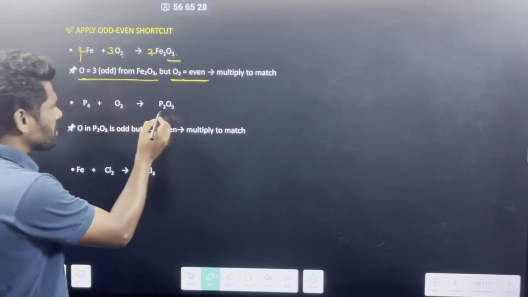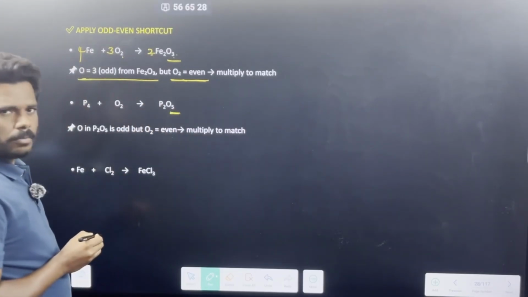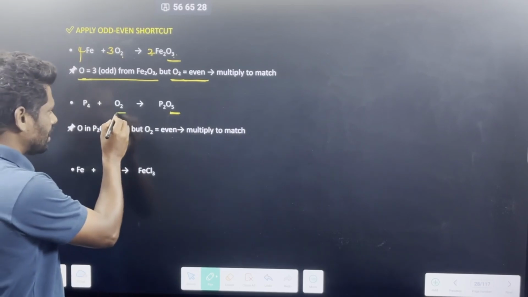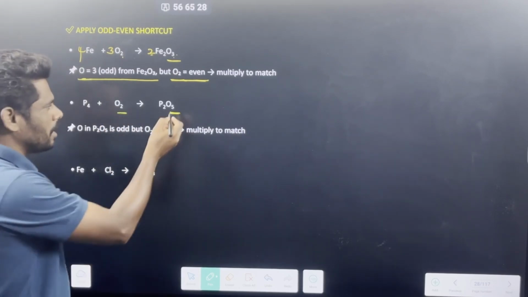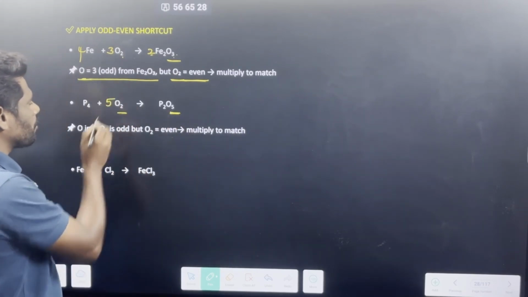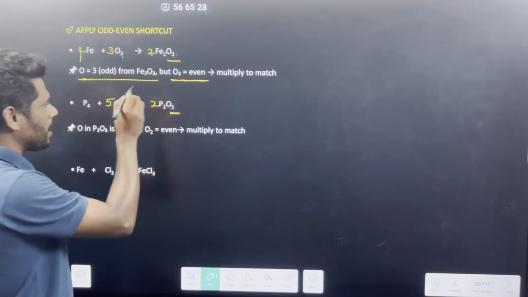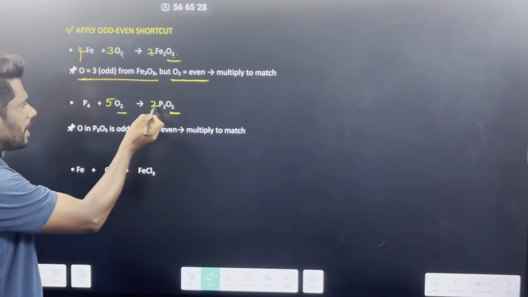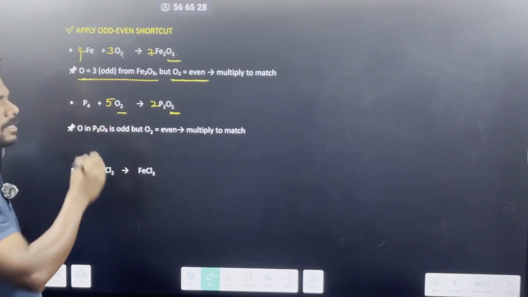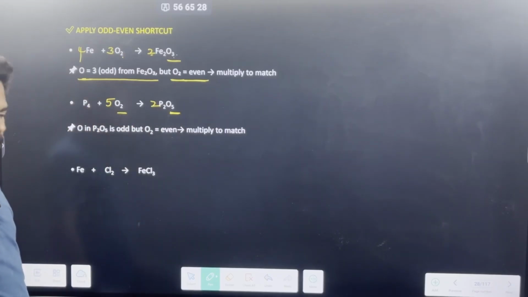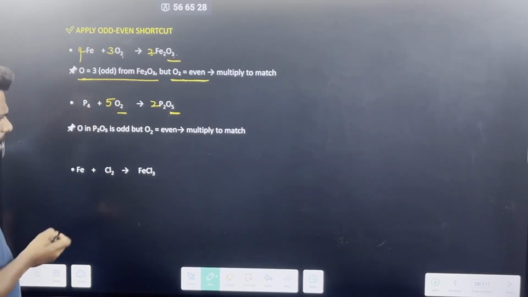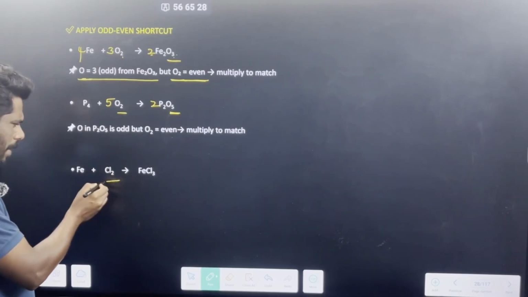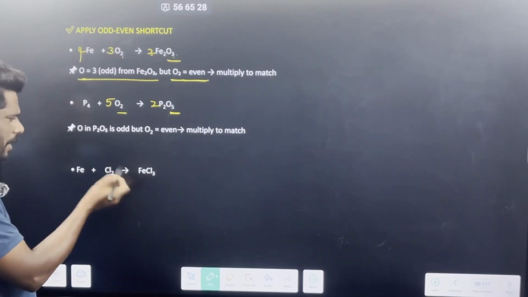So look here, oxygen atoms are 5, an odd number. Oxygen atoms are 2, an even number. Just bring the 5 here and bring the 2 here. Oxygens are balanced. Even phosphorus is also automatically balanced in this equation. Look at another equation here, same concept, the odd even shortcut.